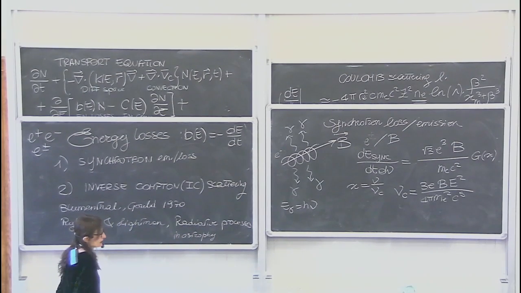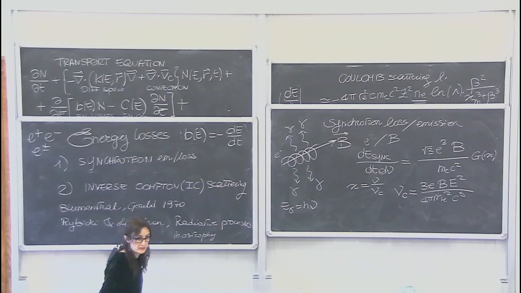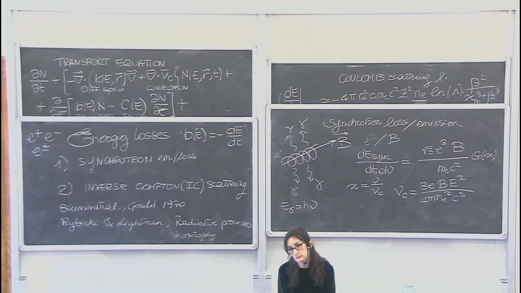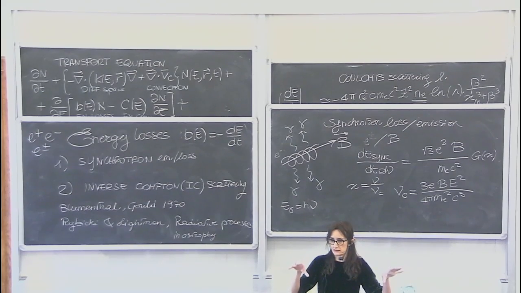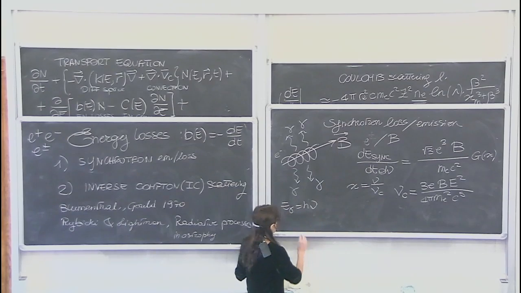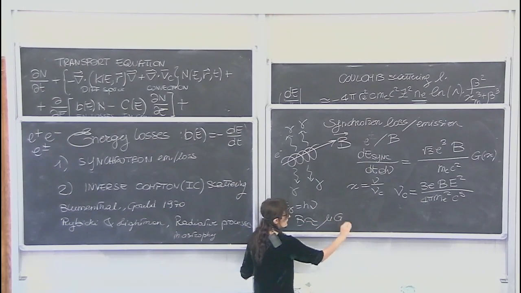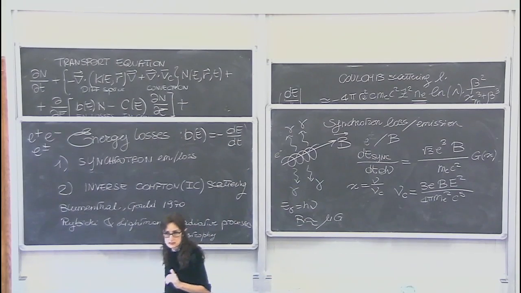If you take typical magnetic fields, what are typical magnetic fields? Well, of course it depends, but the magnetic fields filling the disk of the galaxy are of the order of the micro-Gauss, so 10 to the minus 6 Gauss.